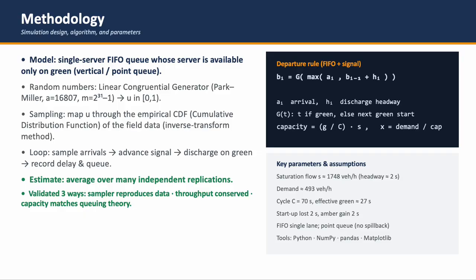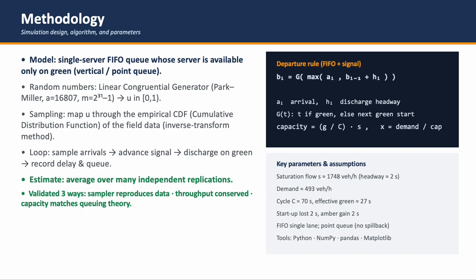The heart of the model is the one departure rule on the right. A vehicle departs at the maximum of two things: its own arrival time, and one headway after the car in front of it left, all wrapped in this function g, which says if that moment falls on green, fine.